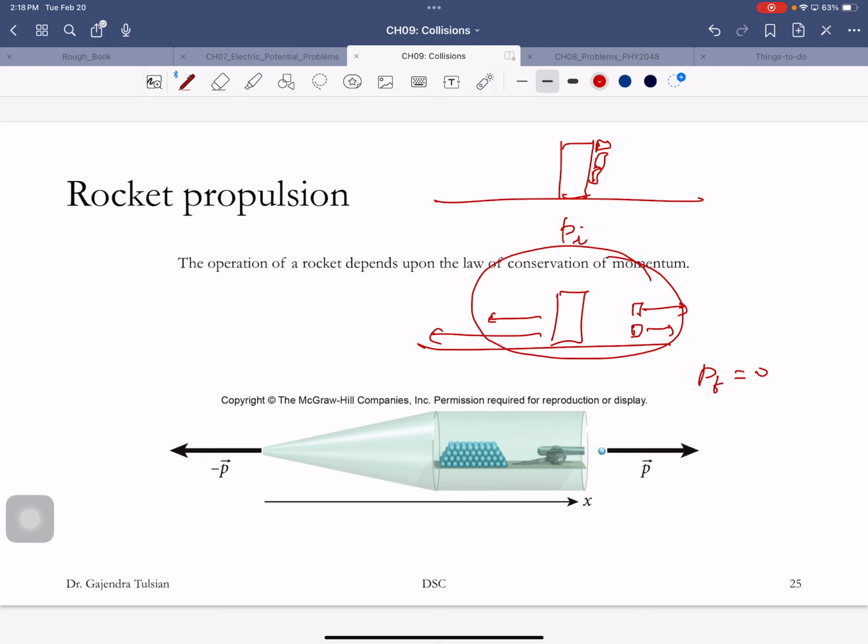Assuming you're not being slowed down, you keep throwing books to keep moving faster. That's a rocket. You keep throwing hot gases out, you go faster and faster. After all is said and done, the total momentum of the entire system is still zero. Do you guys understand that?